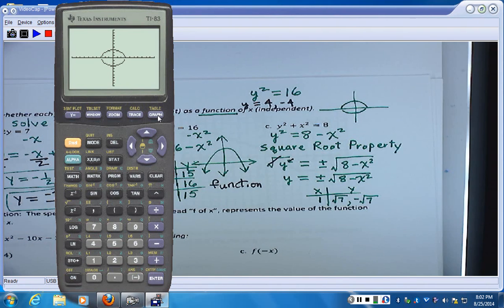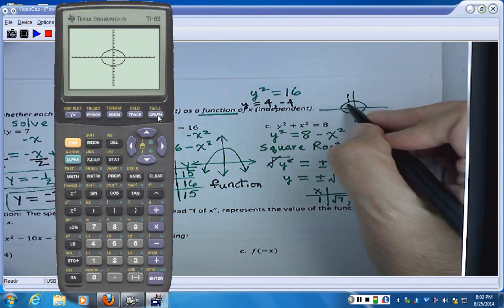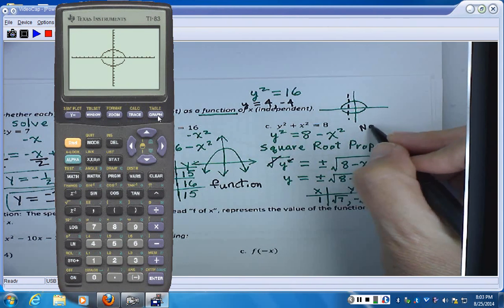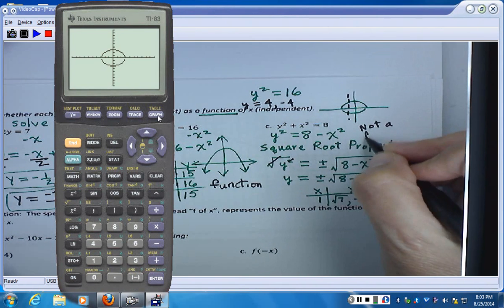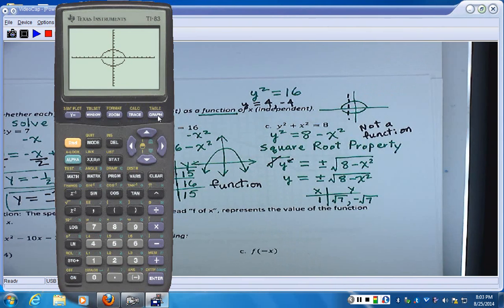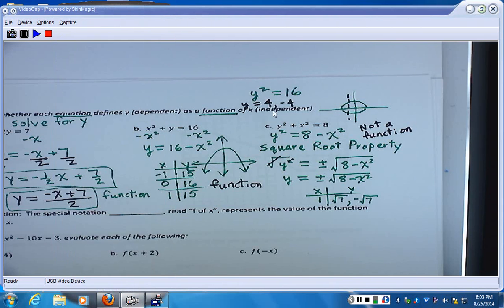And then your vertical line test fails. It's not a function. But you've got to remember from algebra the square root property, and the fact that we can have two numbers. When we take the square root of both sides, we have to add that plus or minus. Okay?